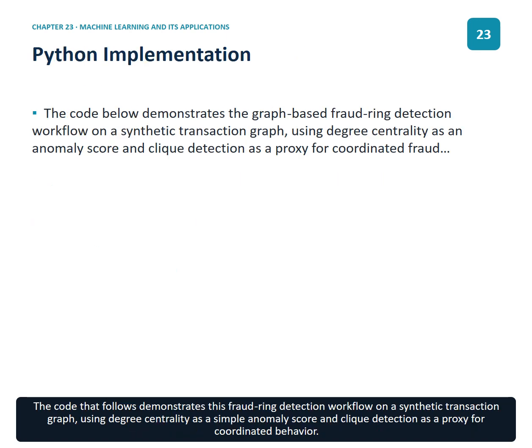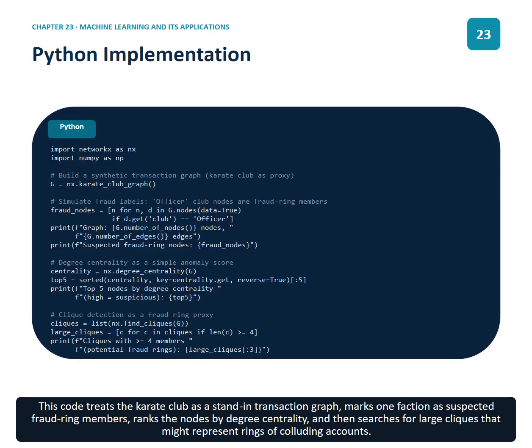The code that follows demonstrates this fraud ring detection workflow on a synthetic transaction graph, using degree centrality as a simple anomaly score and clique detection as a proxy for coordinated behavior. This code treats the Karate Club as a stand-in transaction graph, marks one faction as suspected fraud ring members, ranks the nodes by degree centrality, and then searches for large cliques that might represent rings of colluding accounts.